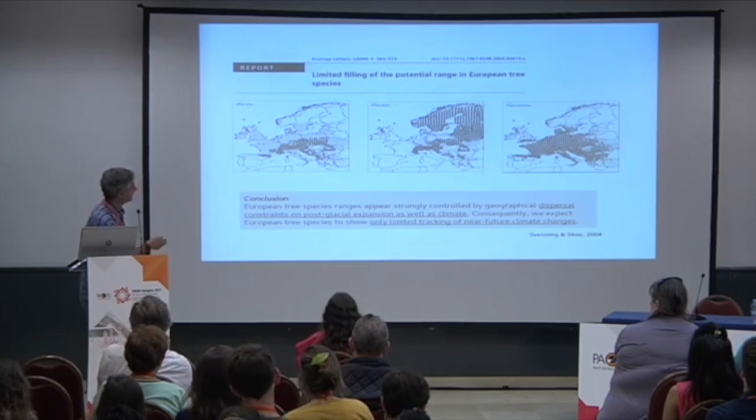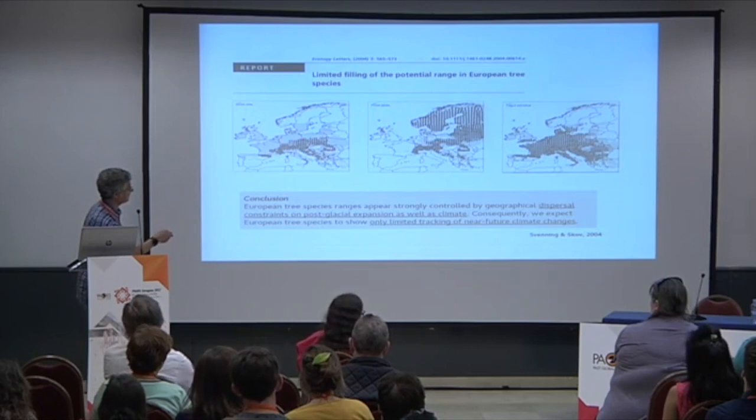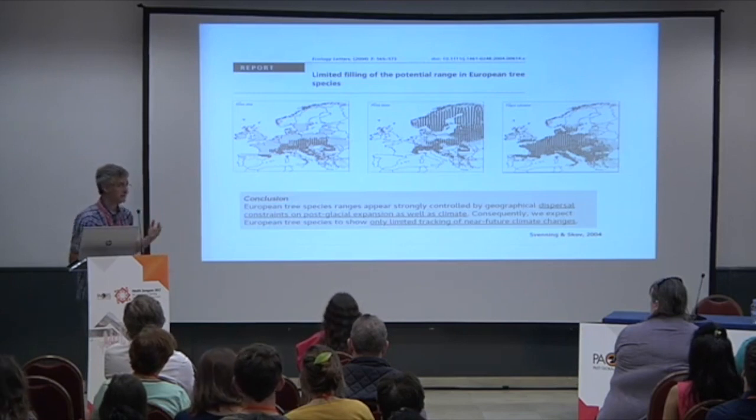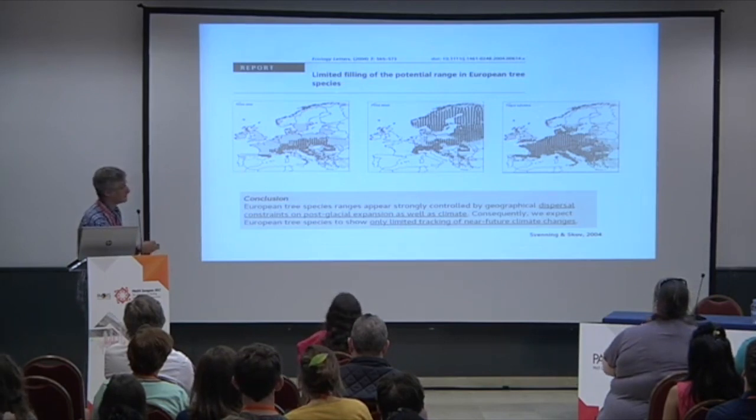niche-based model to predict the potential area of the three species on which we are working, silver fir, spruce, and beech, compared to their realized niche. The realized niche is in black, and the gray one is the potential one, that is the expected area where the species should be. In fact, there are many species, according to this study, they do not fill their entire range today.